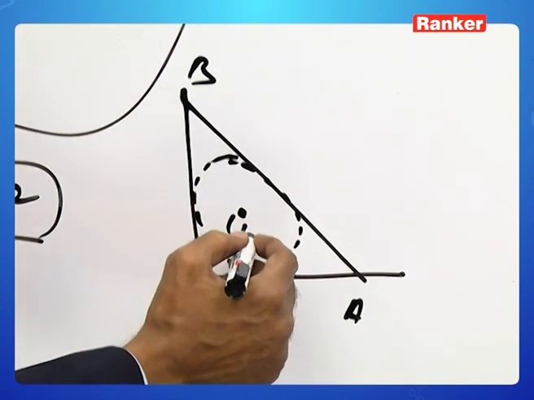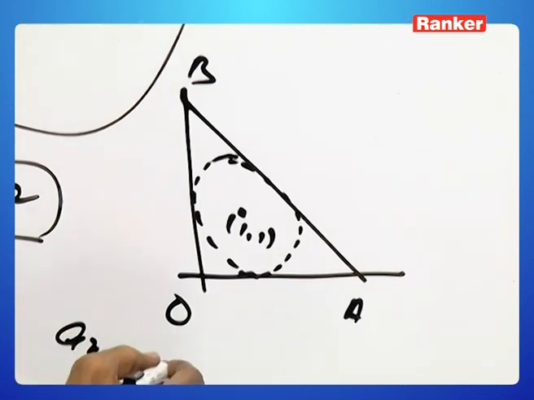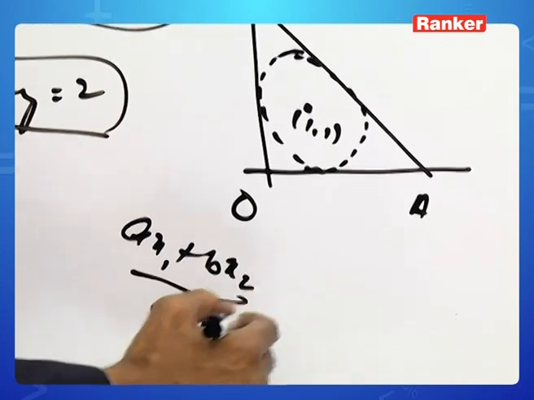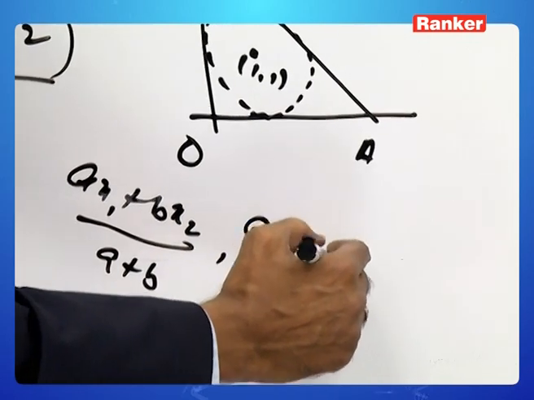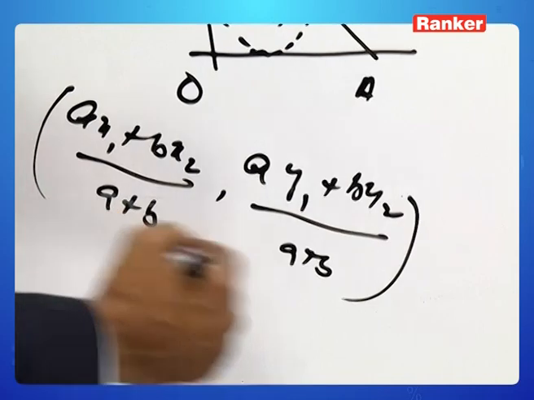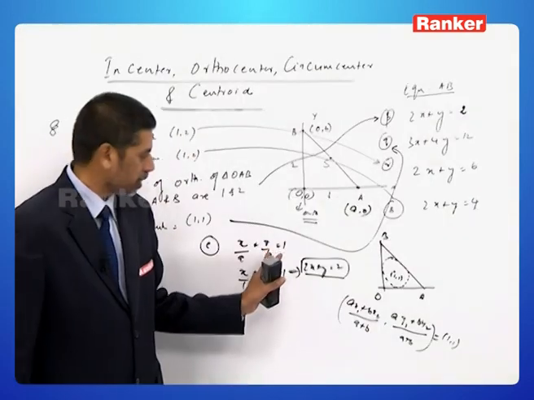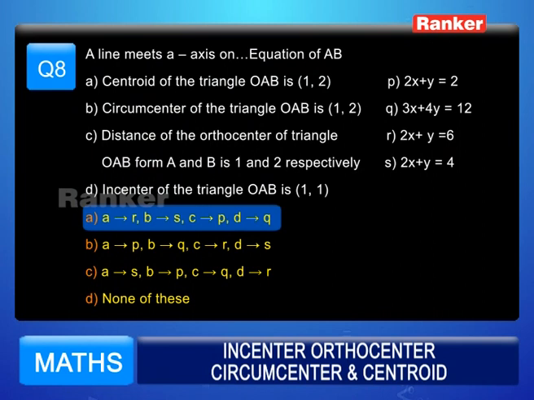So this is 1 comma 1, and use your (A x1 plus B x2) by (A plus B) and (A y1 plus B y2) by (A plus B) equated to 1 comma 1. Determine the values of A and B and then again apply x by A plus y by B is equal to 1. So therefore, the fourth option will be mapped onto Q.